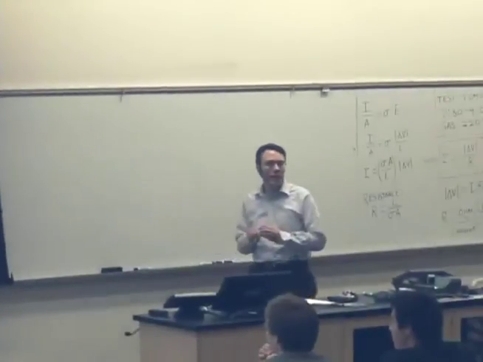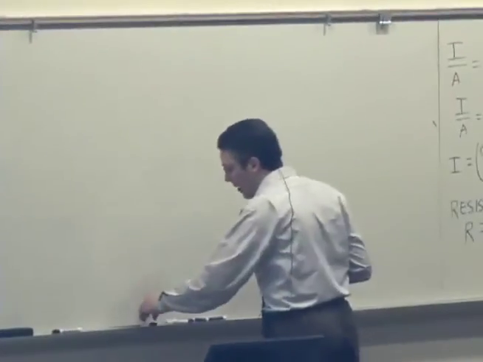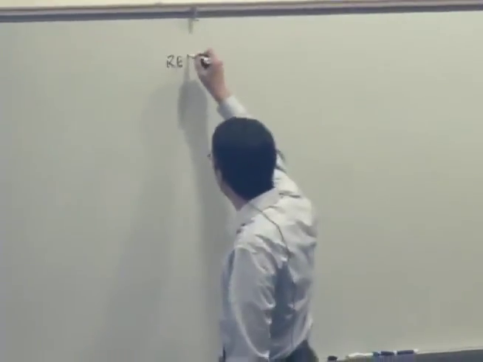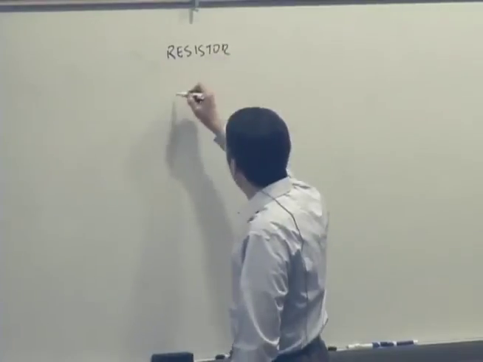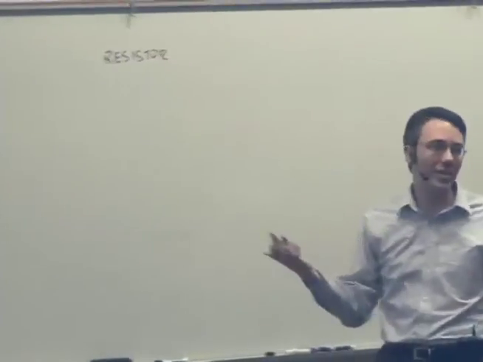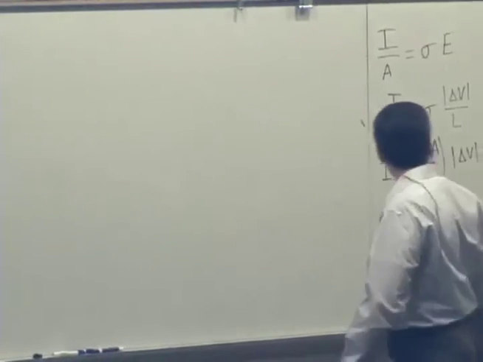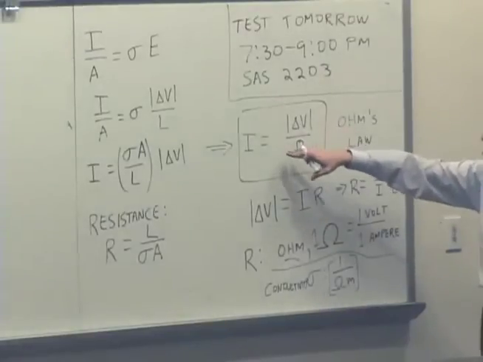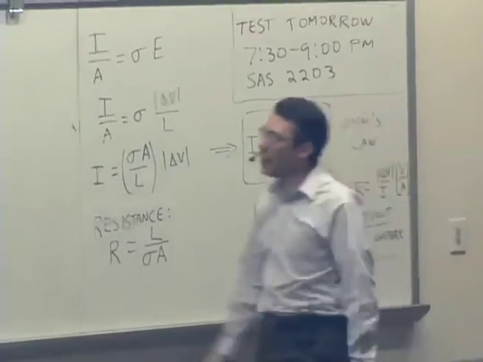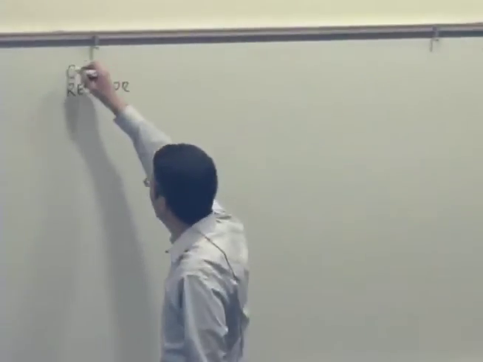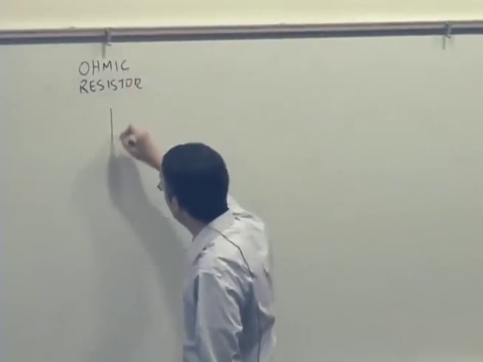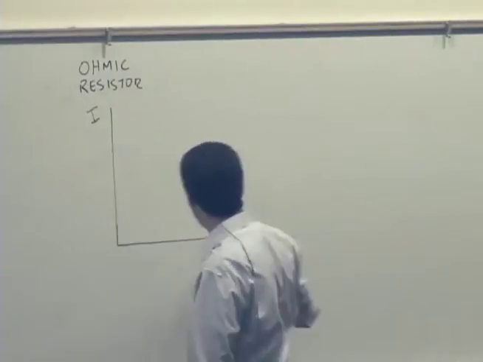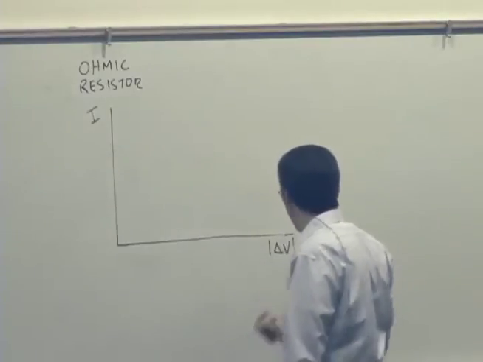Now, it's nice, and we often like it when we have a resistor, an element in a circuit that has a constant resistance, meaning no matter what potential difference we apply across, we get a current that's obeying this proportionality. And so if we have what's called an ohmic resistor, or an ohmic element, ohmic behavior, we're plotting the current as a function of the potential difference across the resistor.